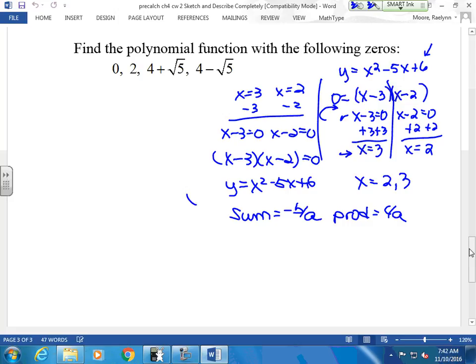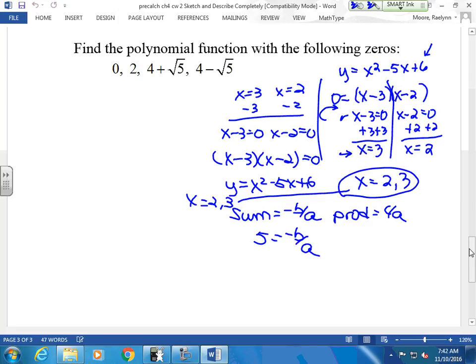So if these are my roots, what's the sum of 3 plus 2? These were formulas you probably learned last year. Okay, watch. We're going to get there. What's the sum of these 2 roots? 5.